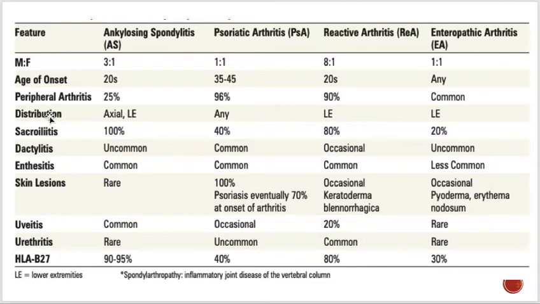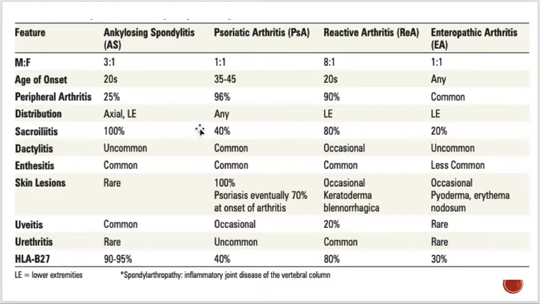Distribution: ankylosing spondylitis affects the axial joints, so basically it will affect the vertebral column mostly, or the sacroiliac joints. Psoriatic, reactive, and enteropathic basically affect more of the lower limbs.